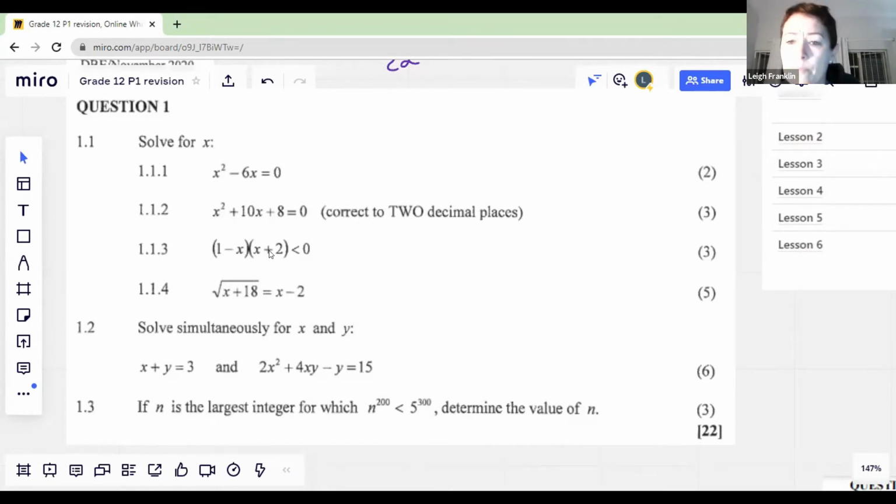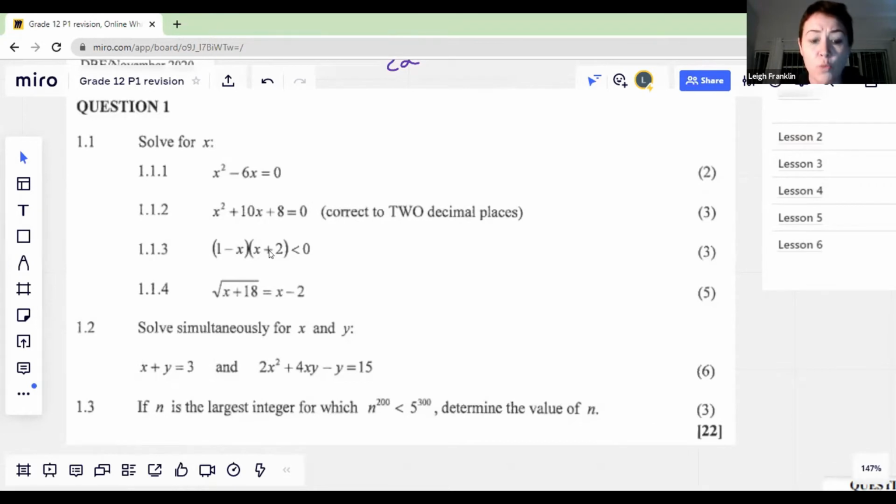Ma'am, can I ask if you first find the critical values? Yes, that's quite right. You do need to find the critical values first. In this situation, can you see that it's already factorized? So you don't need to multiply it out, only to refactorize it. I mean, you can if you want to, but you're going to be wasting time. So yes, establish your critical values. All right.